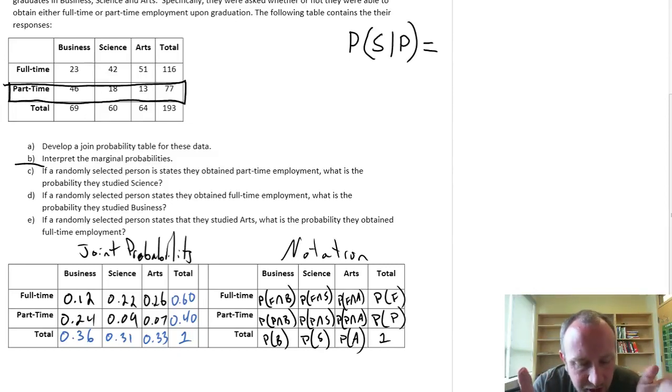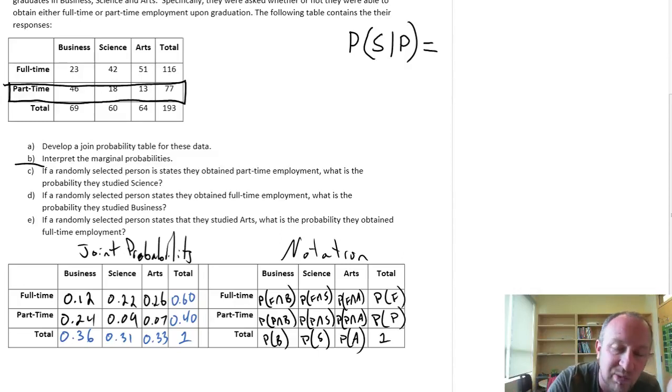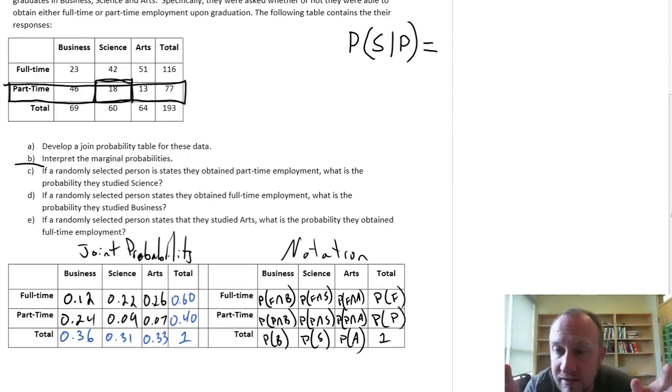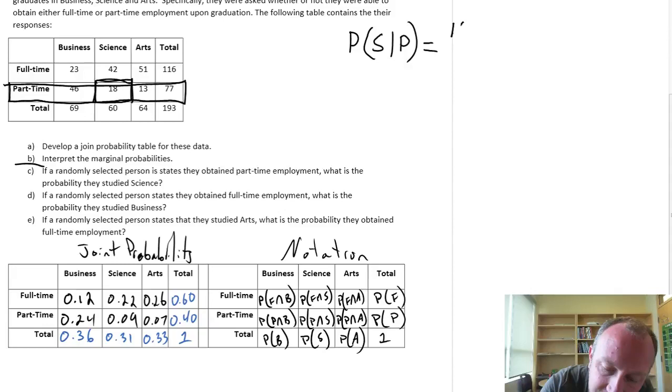Now, what is the probability that they studied science? Well, out of those people who obtained part-time employment, 18 of them studied science. So having the numbers here, the calculation is relatively simple. It's 18 people out of 77 part-timers.